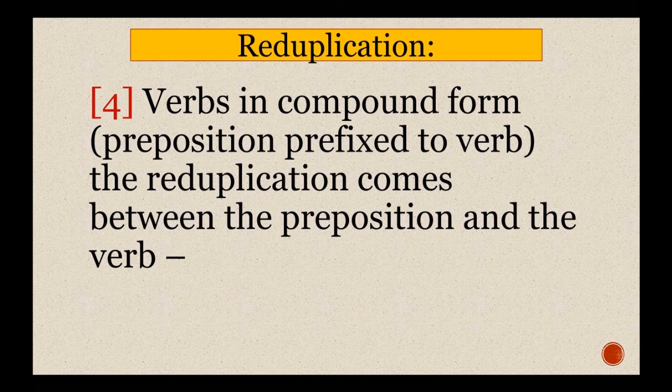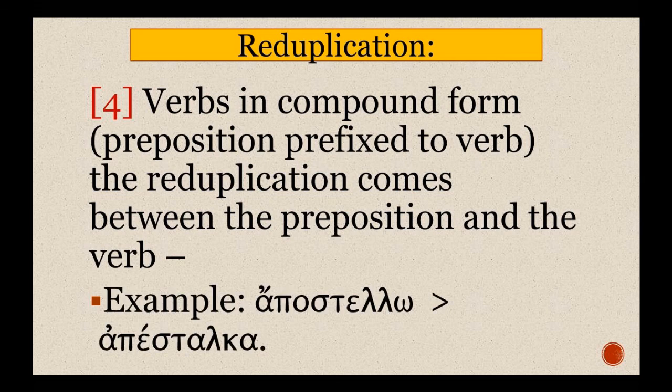And then with verbs in compound form, a preposition prefixed to the verb, the reduplication comes between the preposition and the verb. So here is apostello, which we all know. This tells me it's perfect, the kappa, right? And notice also what happens. Stello goes back towards its root, stal.